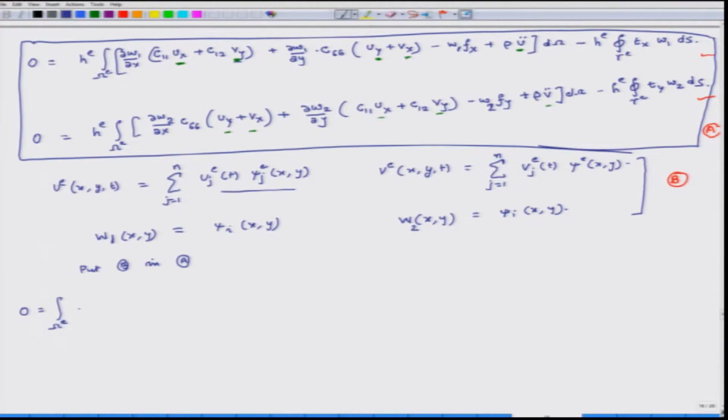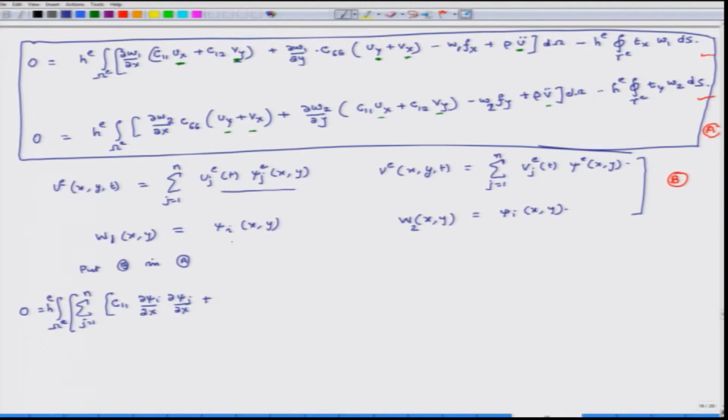So, I am integrating over the element Omega e.